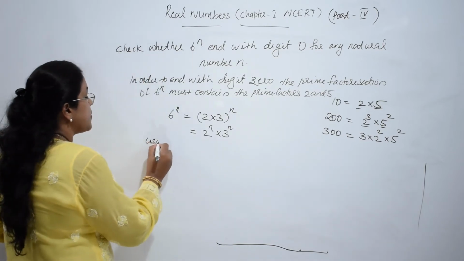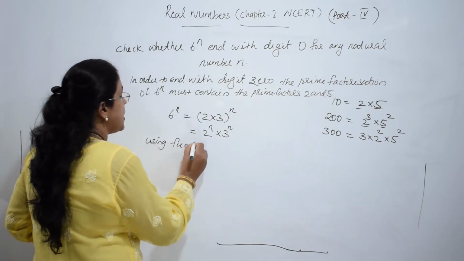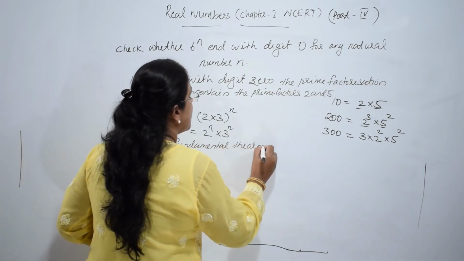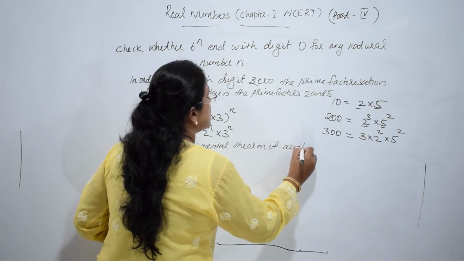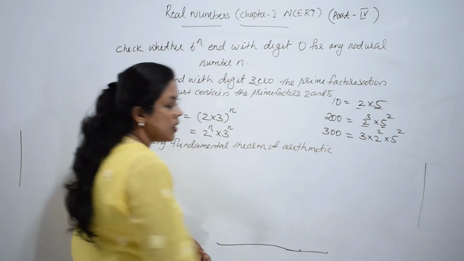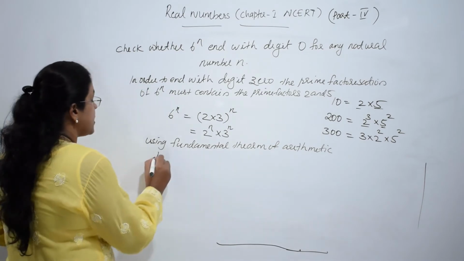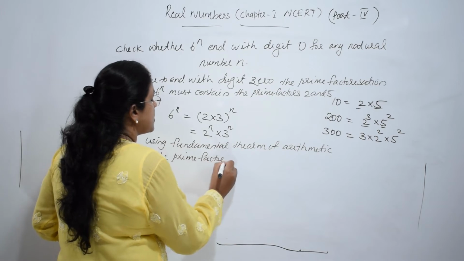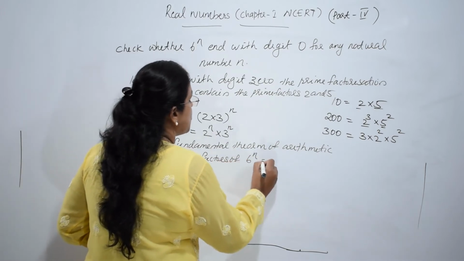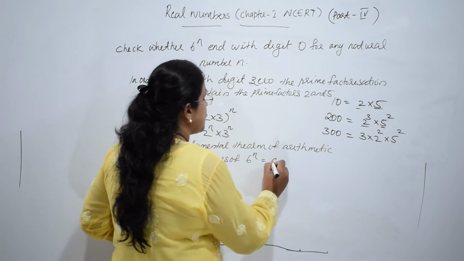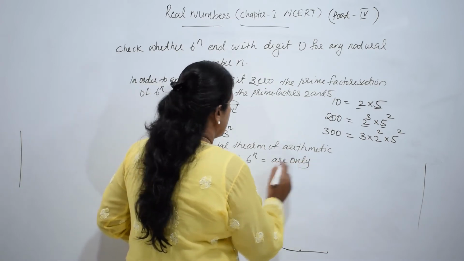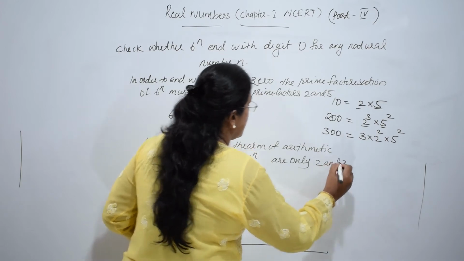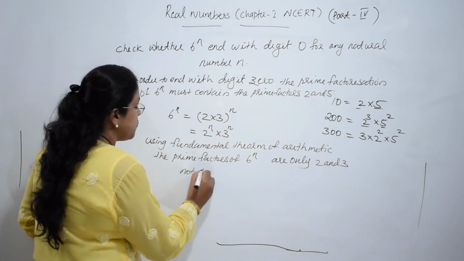But using the fundamental theorem of arithmetic, the prime factors of 6 raised to n are only 2 and 3, not 5.